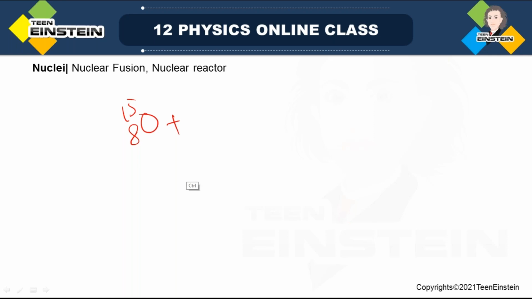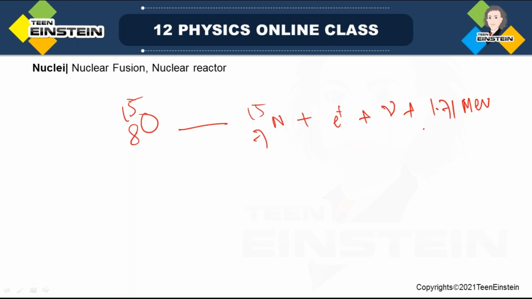Since it is unstable, it will get converted into nitrogen 15 again, plus a positron, then a neutrino, plus 1.71 MeV energy. Because this is unstable, it undergoes this.